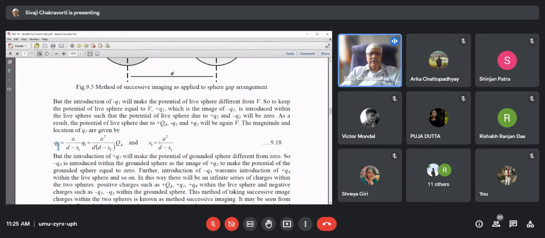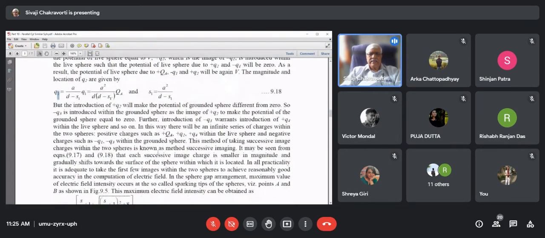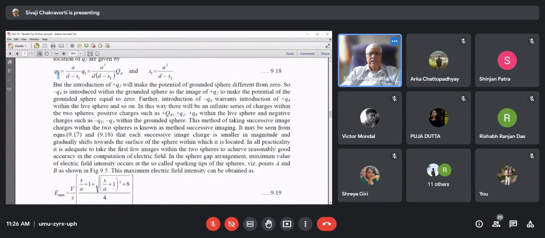And the distance is increasing and it is approaching towards the surface of the sphere. As a result, it has been established that we don't require a very large number of images. So maximum 3 images or 4 images is enough to get a quite good result of such sphere gap arrangement.